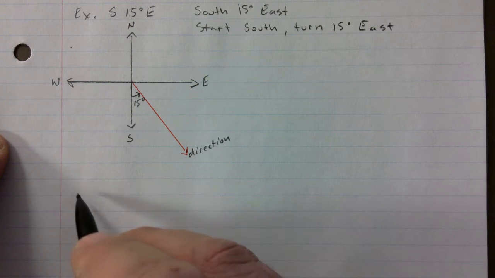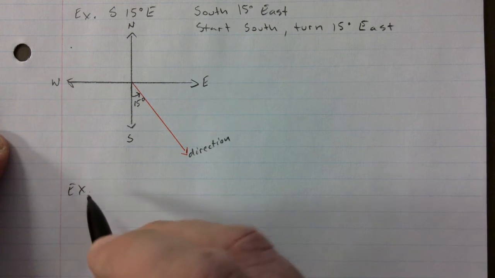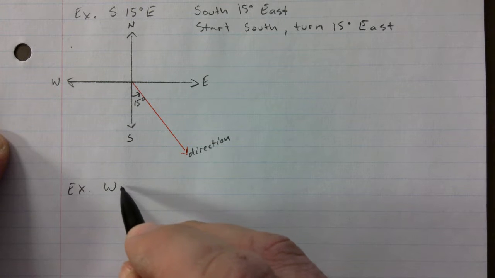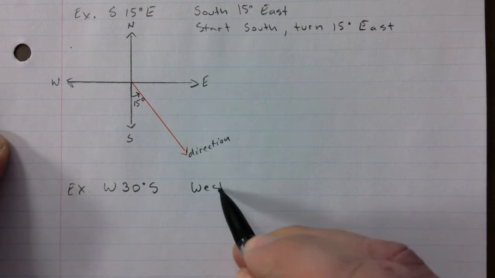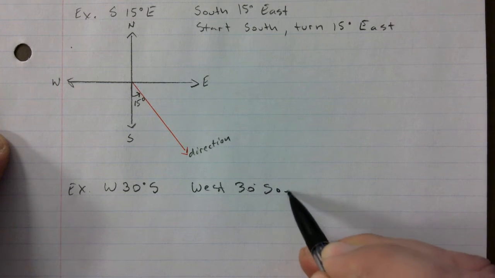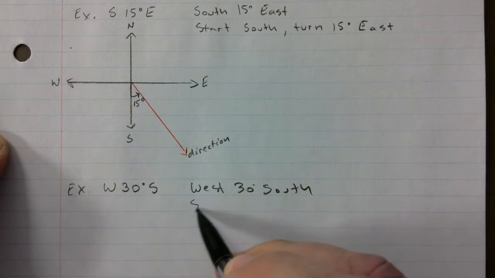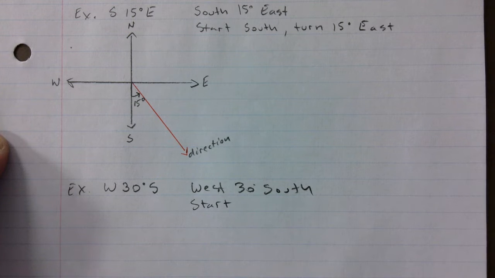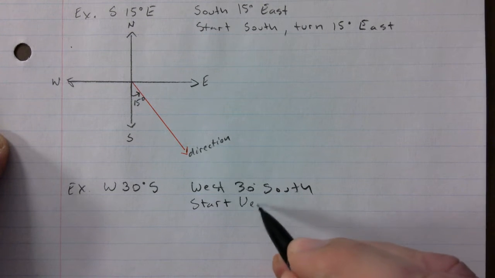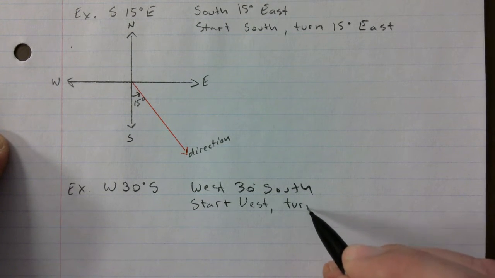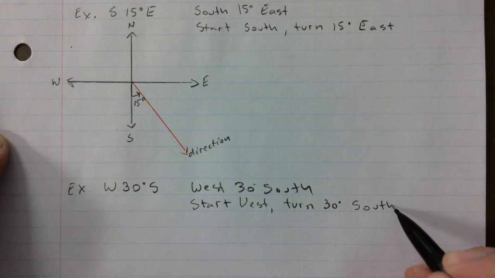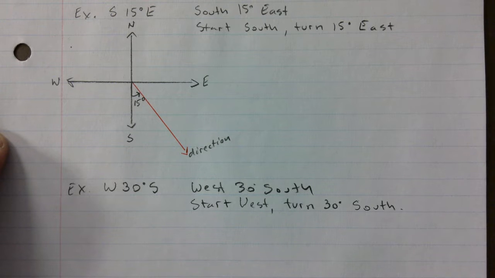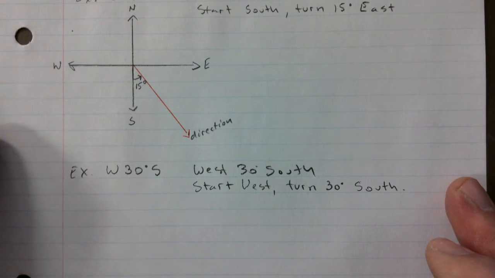So let's say I told you west 30 degrees south. You start where? West, yeah. And then turn 30 degrees towards the south. We're not going to talk about bearings.